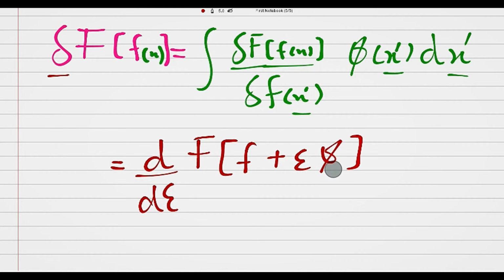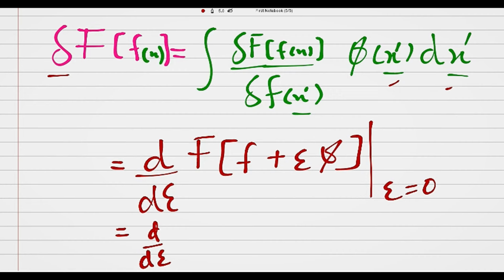And you must have guessed it right, since we have used prime variables here, we'll have prime variables as well. So it's d by de, at e equals 0. Since we are defining a variation, it's defined at e equals 0. At the end, after solving everything, you put e equals 0, to make it mathematically feasible.